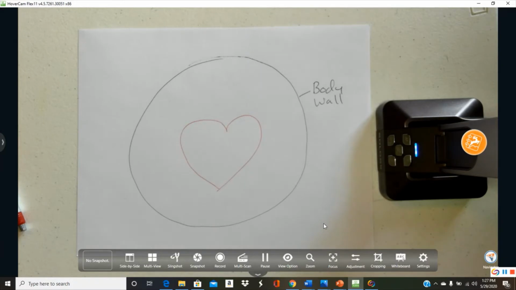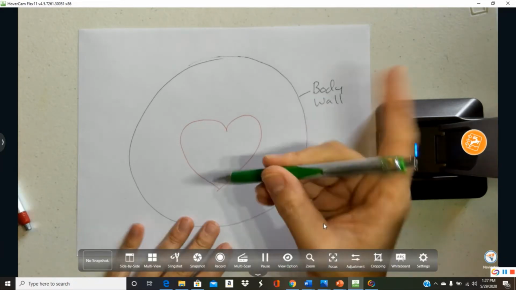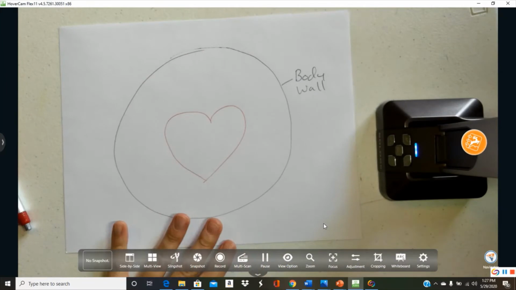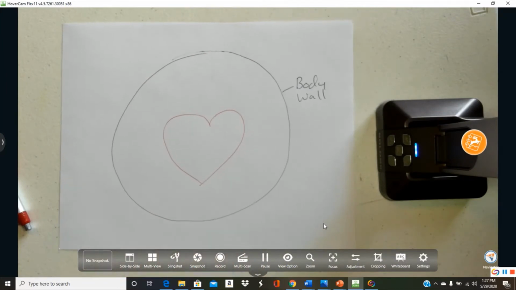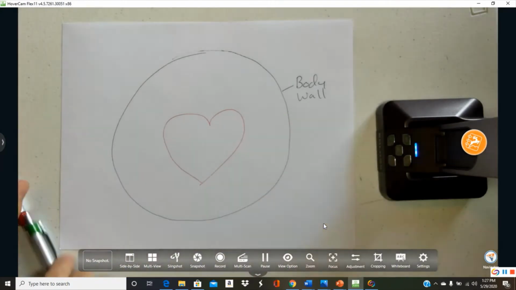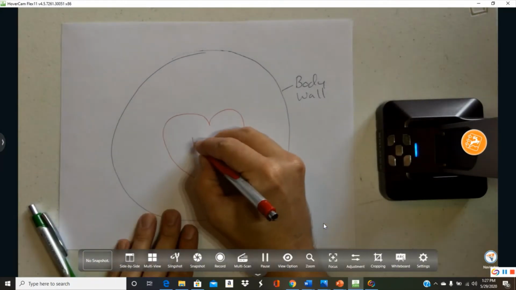Now, we have a serous membrane. Remember, serous membranes, this is going to be the pericardium. Serous membranes always have 2 layers. The 2 layers are a visceral layer that's always on the organ itself, in this case the heart.